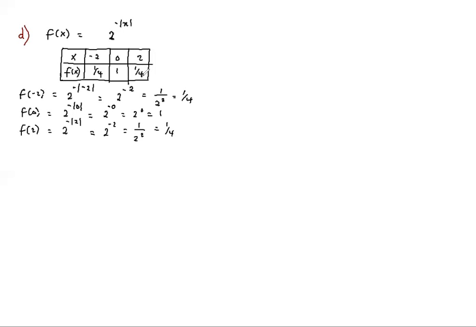Wow, a very interesting graph. So we sketch it. We have negative 2, we have 2, we have 0. 0 against 1, negative 2 against 1 over 4, and 2 against 1 over 4.